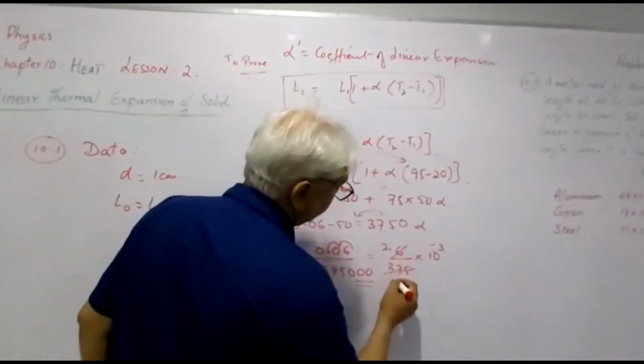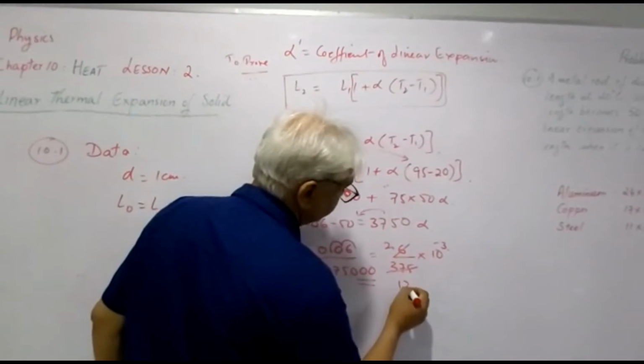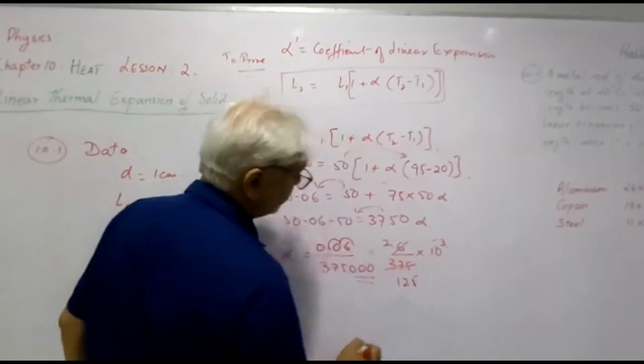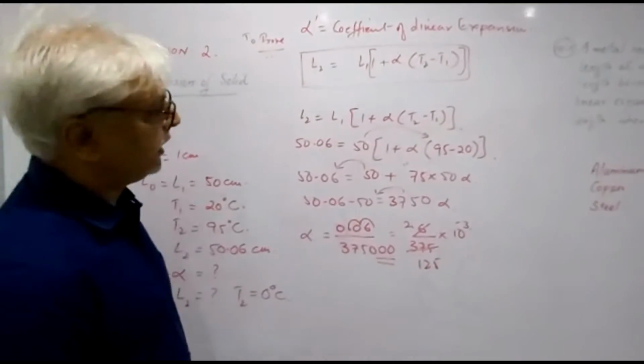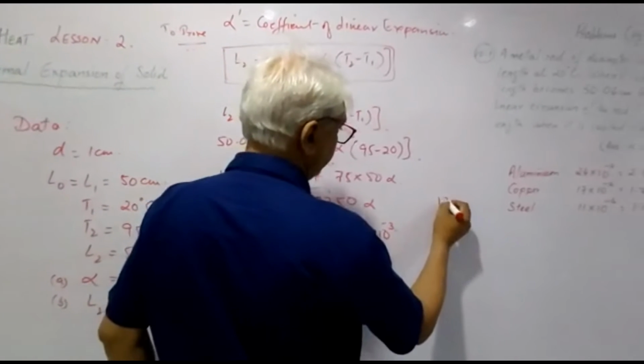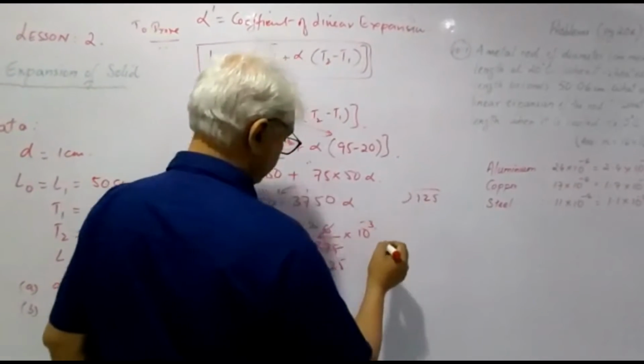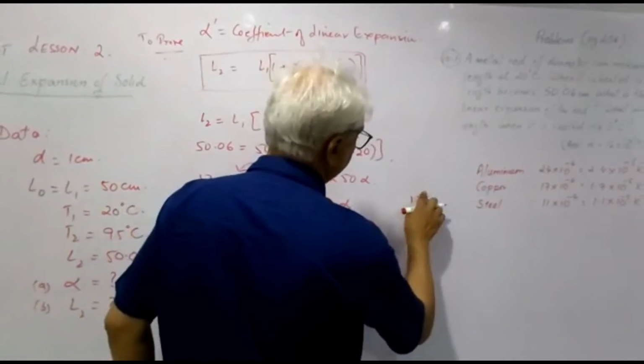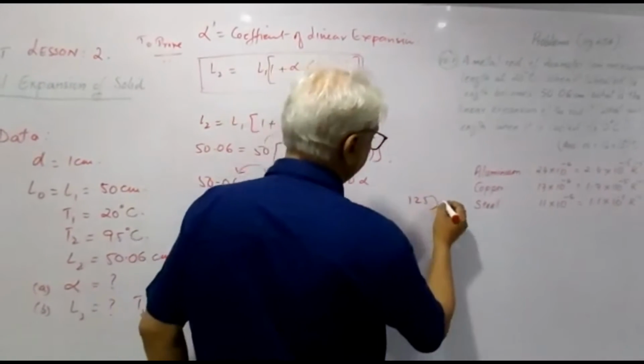3 twos are 6, 7, 3 fives are 15. So what do you get when you divide 2 by 125?